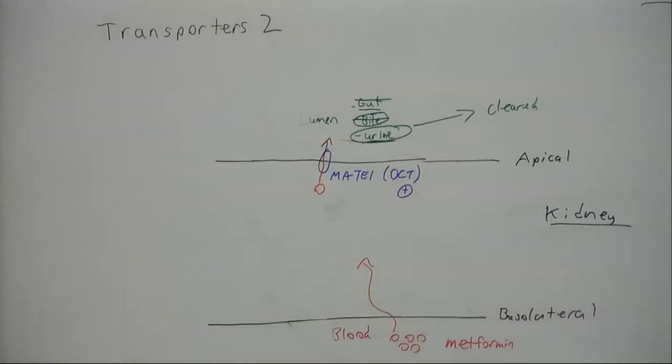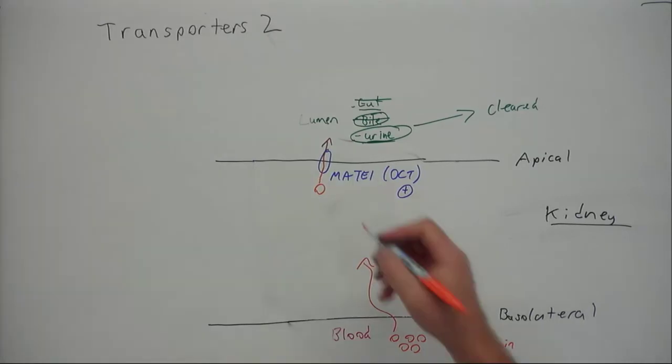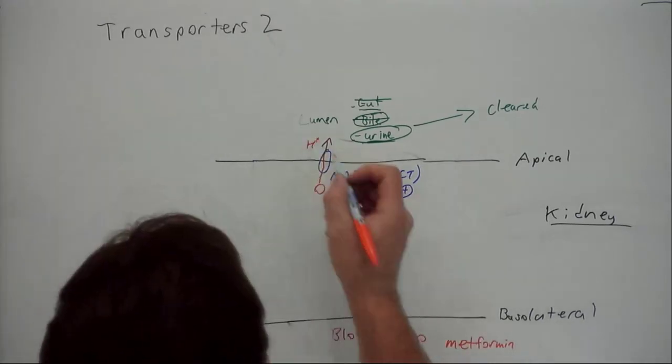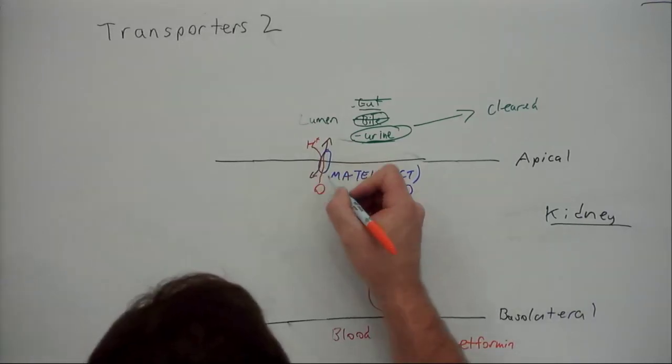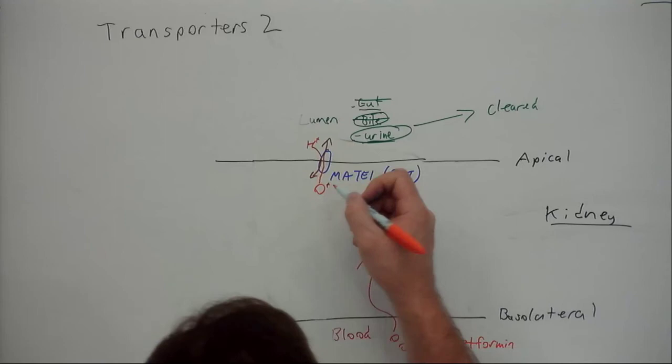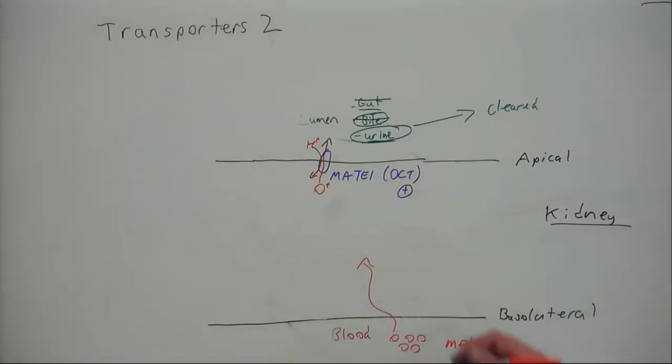It is exchanged, actually, for a hydrogen ion. So some hydrogen ions are excreted into the urine normally, and so this one uses a hydrogen ion back in, and remember, this is positively charged, it's a cation transporter. So you're exchanging one hydrogen ion for one molecule of metformin, and this allows the electric balance to remain neutral.